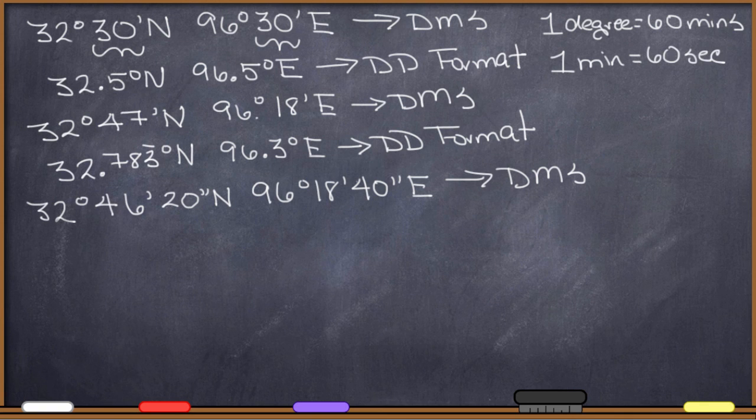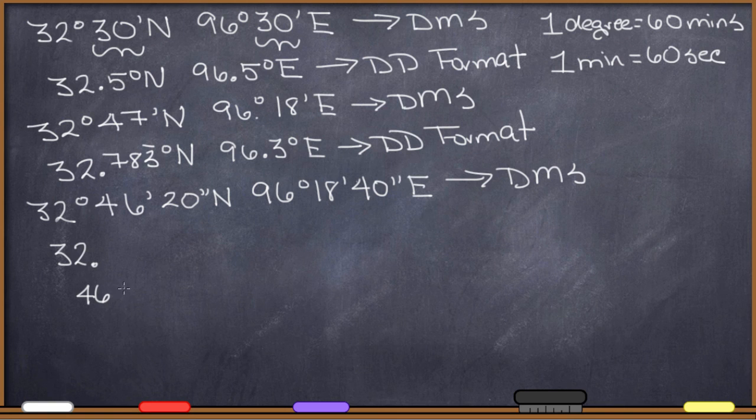Okay, now this one is a little bit harder because I've got the seconds in there, so there's going to be an extra step, but it's not going to be too hard. Well, the first thing I'm going to do is just keep the whole number. So this is 32 over here, and I need to come up with what's going to be over here in the decimal place. Well, 46, I'm just going to take what I've got up here. So 46, we're going to do that just the way that we had done it before.